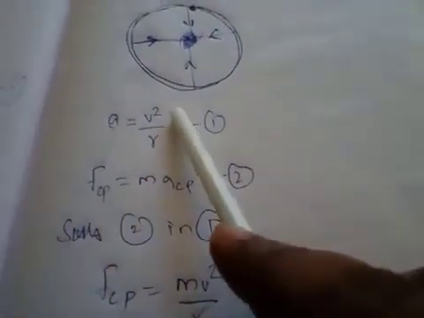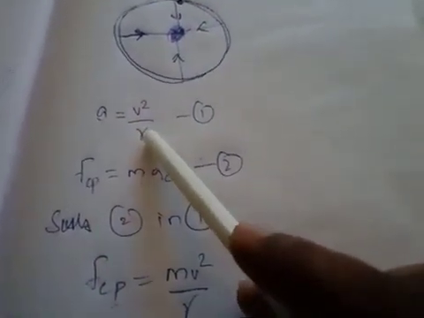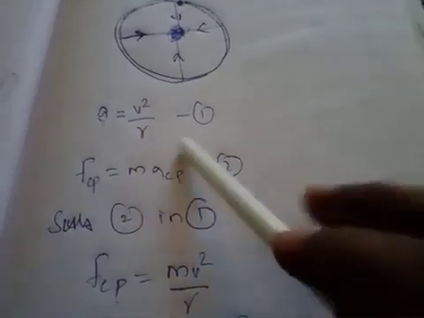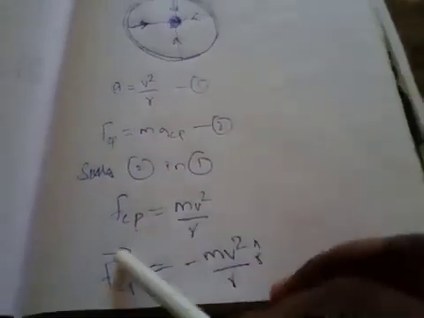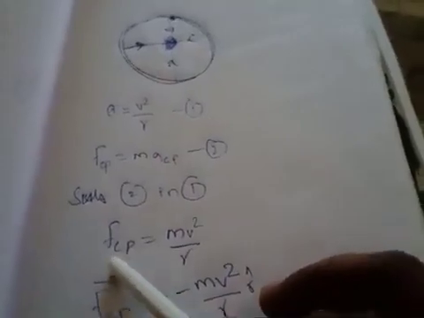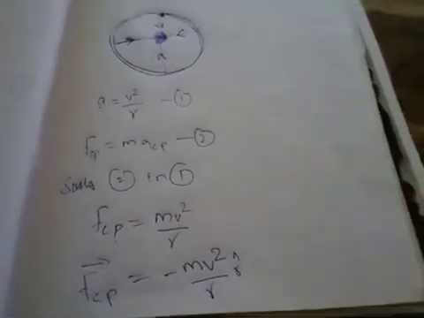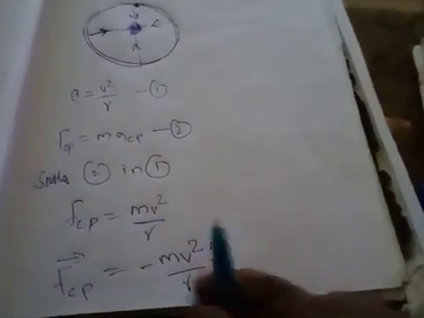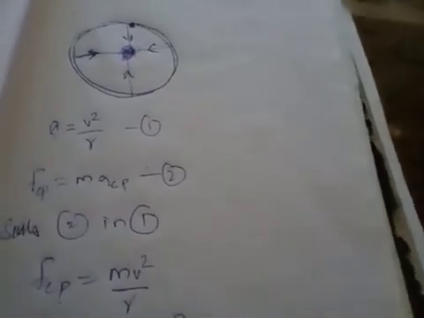We have learned in the second unit, v square by r, and we substitute this v square by r here. We will get the equation for centripetal force. F_CP is equal to m v square by r, and here we are writing this equation in vector notation.